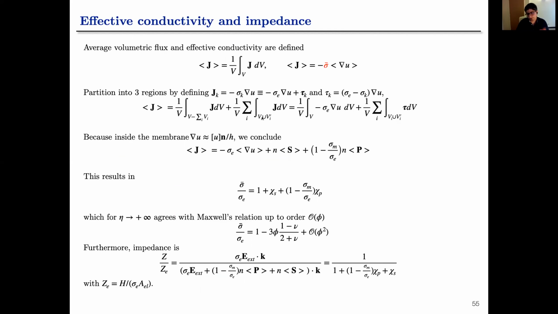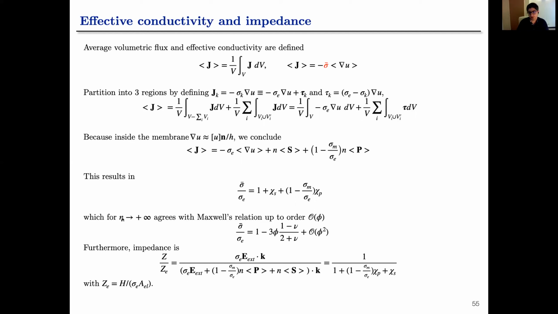When you do it properly and you average in the cytoplasm, in the membrane, and in the matrix, you come up with this equation, which is fortunately in the form of this S and P averaged on the whole ensemble, which we already know what they are. We can replace them by the susceptibility we just defined, and we get this general equation for the effective conductivity of this environment.